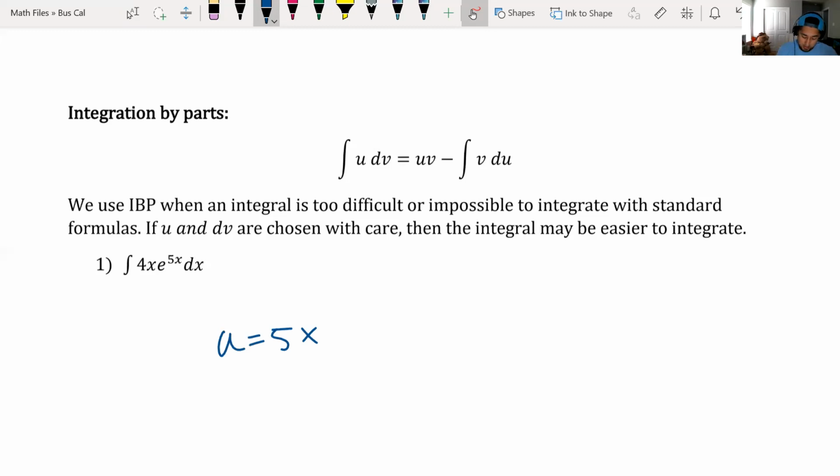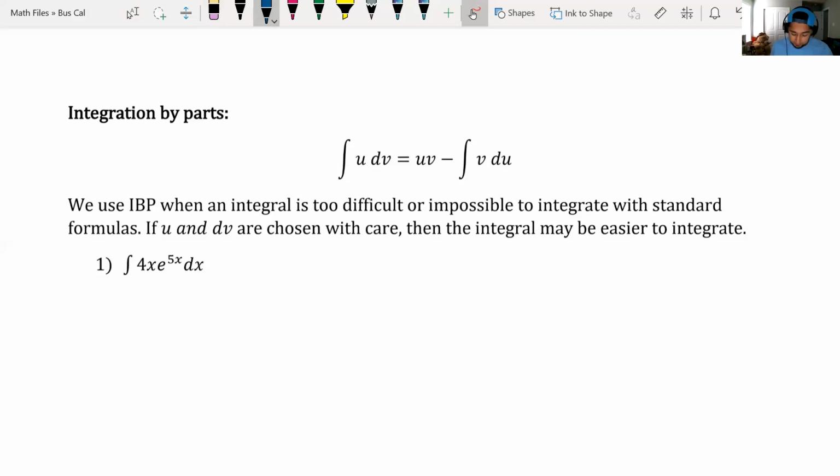Then du would just be 5 dx, so the only thing you would have covered here is just dx, nothing else. You'd still be left with this 4x, so substitution wouldn't work there. Substitution wouldn't work if you chose e to the 5x either. So what we have to do is choose u and dv carefully.